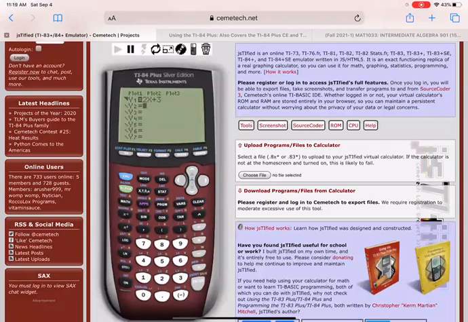The next one is negative 2x plus 5. This was also a greater than sign, so move to the far left, enter, enter, greater than sign.